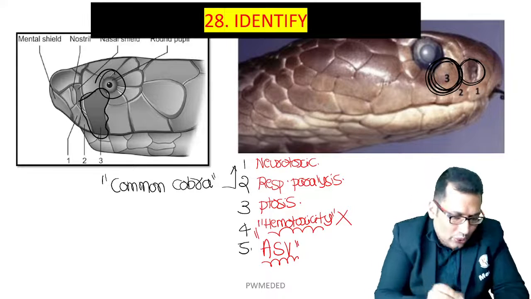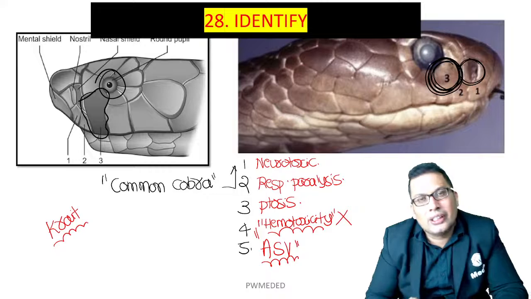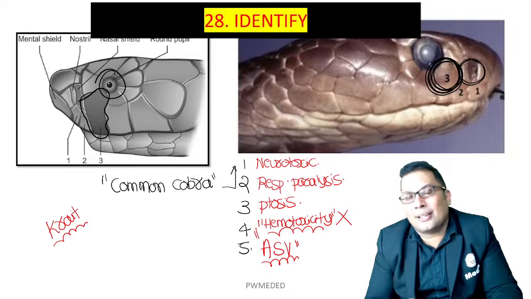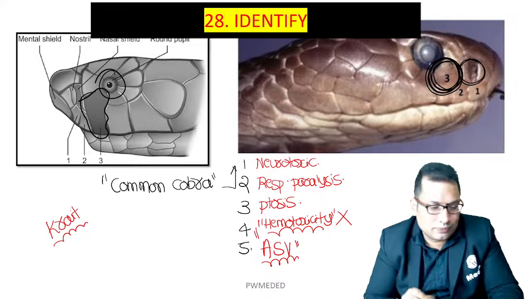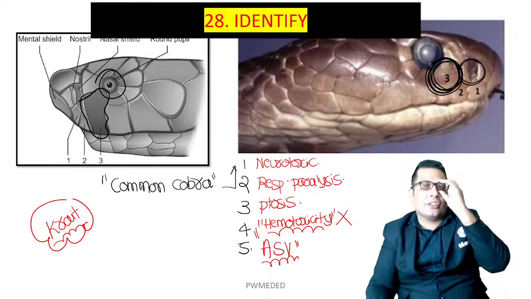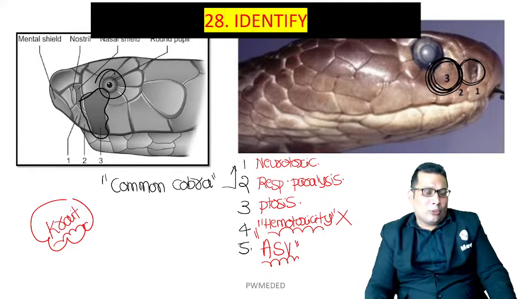You must also know about the common krait. Common krait is also very commonly asked. It is also neurotoxic, and it resembles a stroke. Common krait you must know. Viper is very commonly asked. Russell's viper, saw-scaled viper. All these are very commonly asked topics. You must know them in detail.